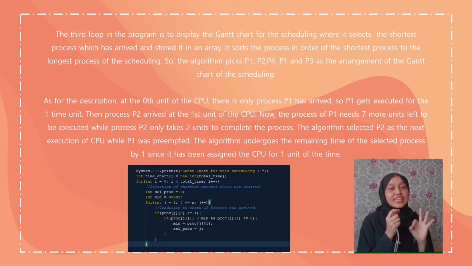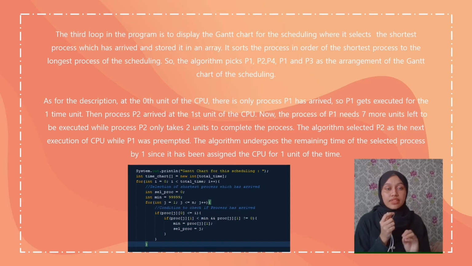Then the third loop in this Java program is to display the Gantt chart for the scheduling, where it selects the shortest processes which have arrived and are stored in the array. So it sorts all the processes in order from the shortest process to the longest process of the scheduling.